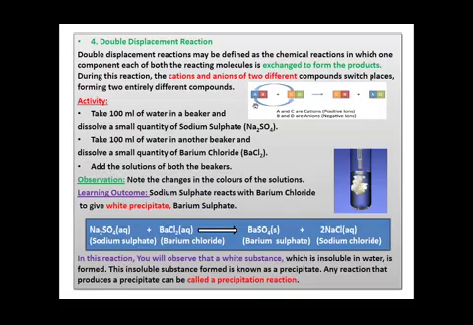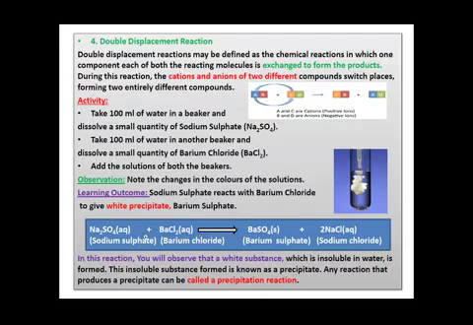If you remember, we have discussed this particular activity earlier also, that is the reaction of sodium sulfate and barium chloride to form a white precipitate of barium sulfate and sodium chloride. As a precipitate is formed, this reaction is also known as precipitation reaction.